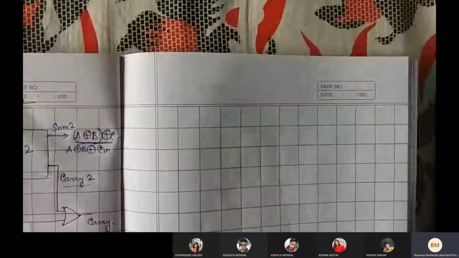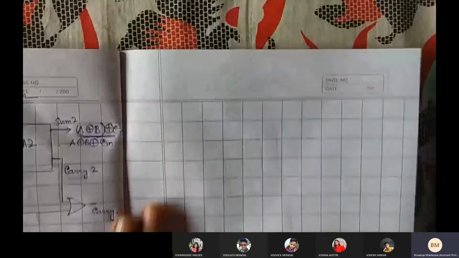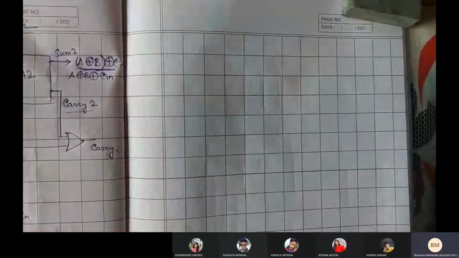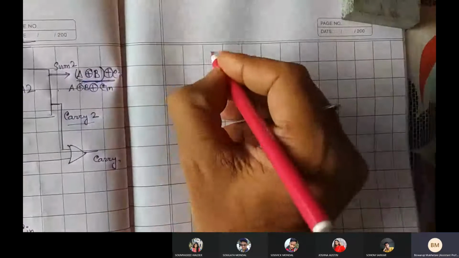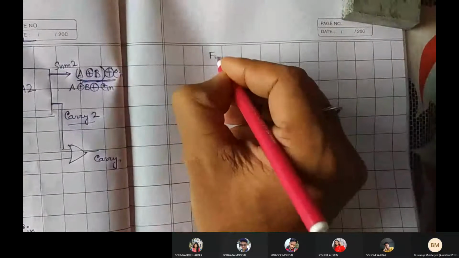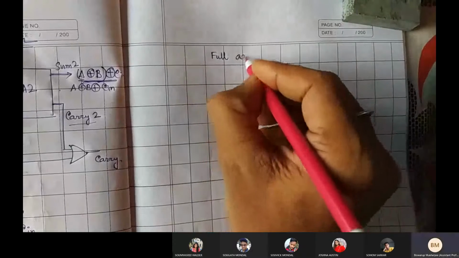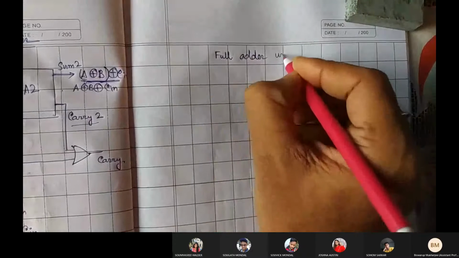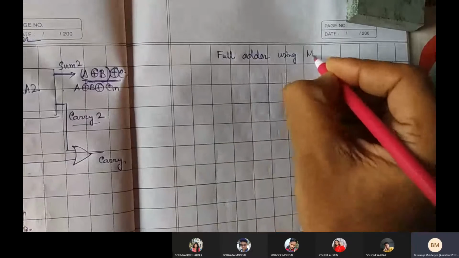How can we make a full adder with the help of a multiplexer? So let us try to make the next part: full adder using mux.